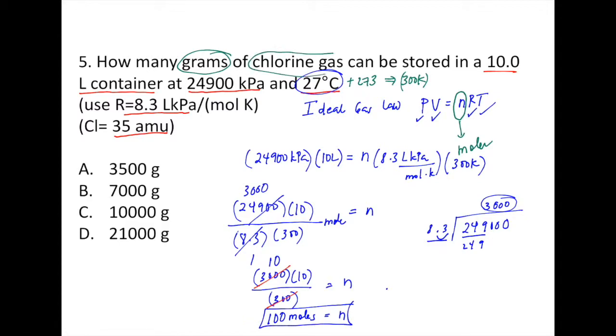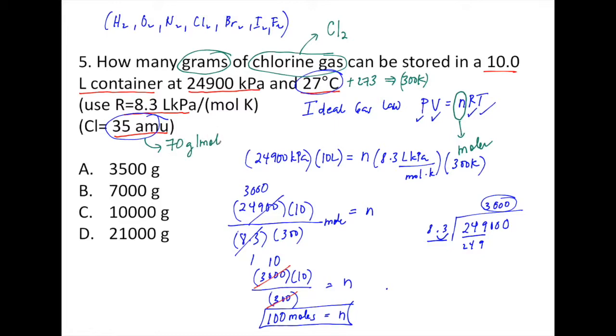We have to find for the chlorine gas. And chlorine gas, remember, chlorine is a diatomic molecule. Just to recall your diatomic molecules, these are represented as HOFBrINCl, and chlorine is one of them. So, for the chlorine, we have 35 times 2, we have 70 grams per mole.